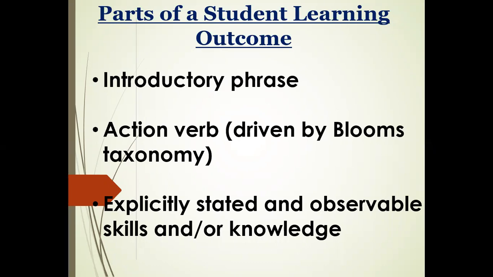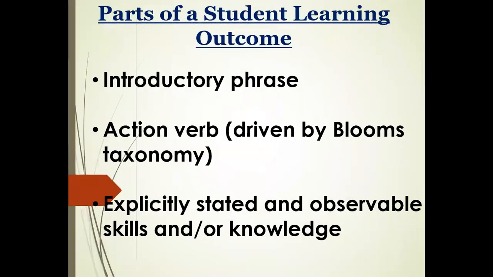All right, so this is an example of a learning outcome. Here there is an introductory phrase, and that is the reference. Then there is the action verb, demonstrate understanding.